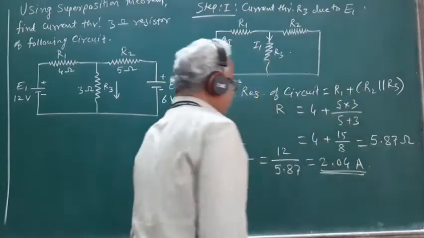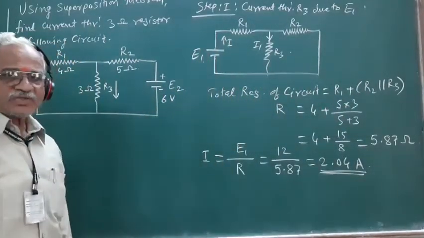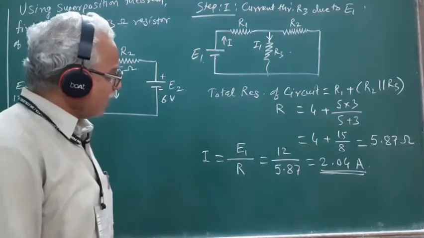The total current sent by the source E1 works out to be 2.04 ampere.